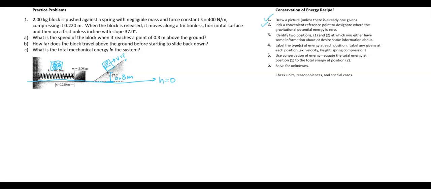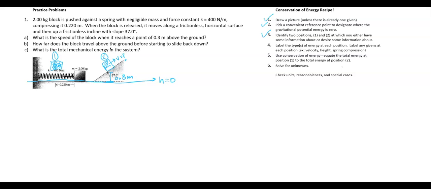Now we're going to identify 2 positions where you have some information or desire some information. This point right here where we start, where the spring's compressed, is going to be point 1. This point right here is going to be point 2. Now let's think about what we know at those 2 positions. We will label the types of energy at each position, and then also label any givens.